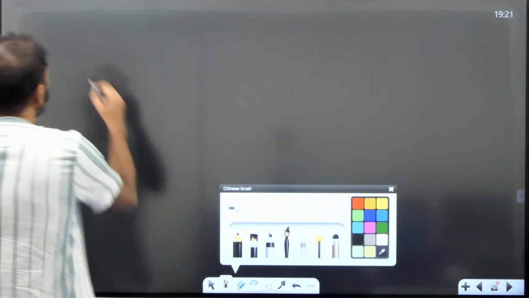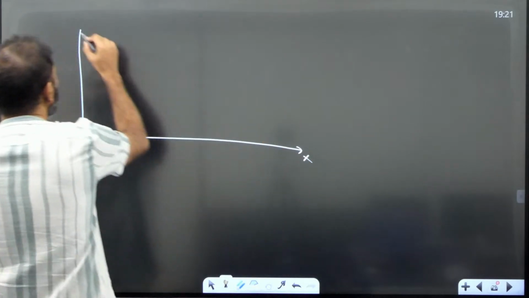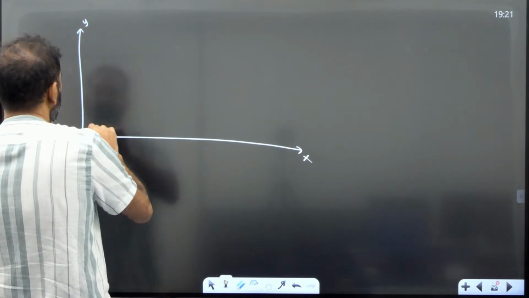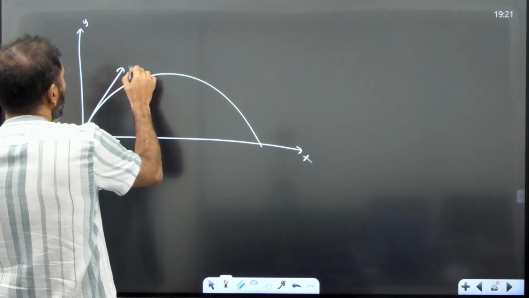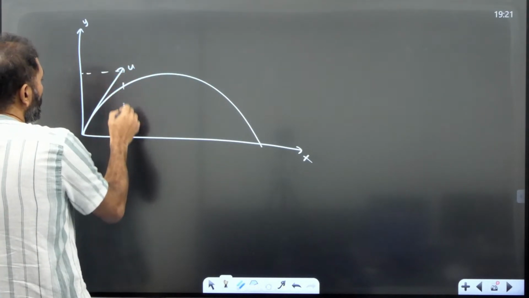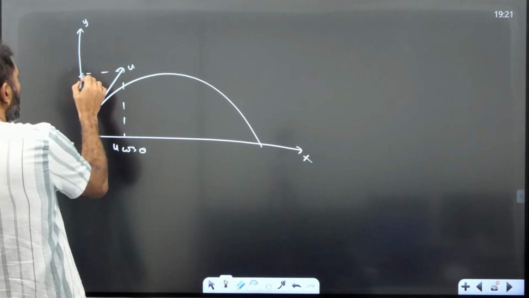See, this is the figure of projectile motion, x-axis, y-axis. This is the initial velocity u. It can be divided into two components. This is u cos theta. This is u sin theta.